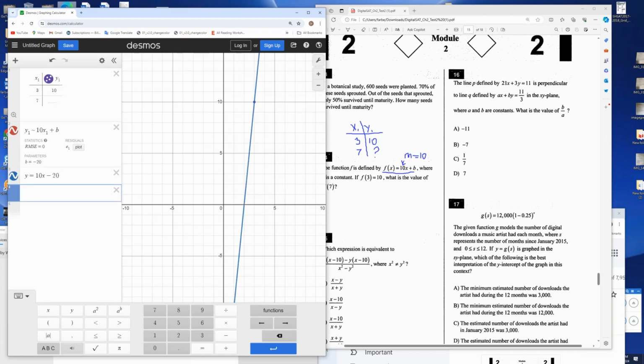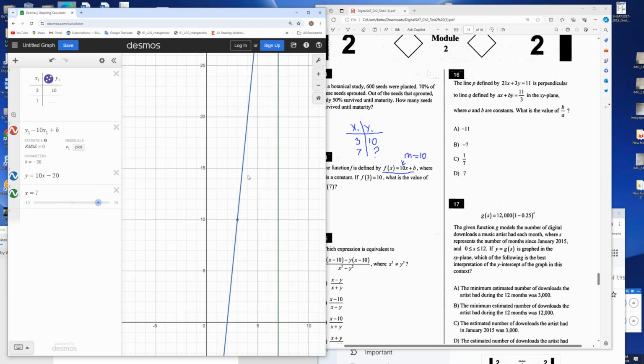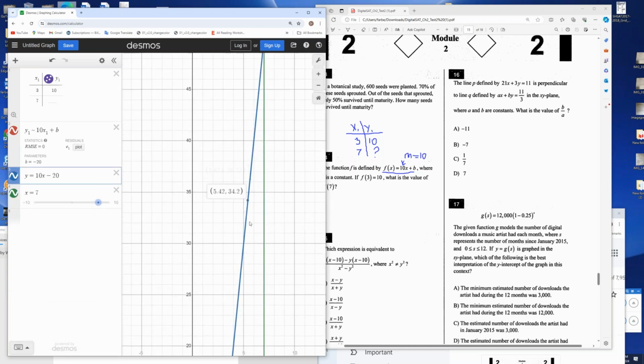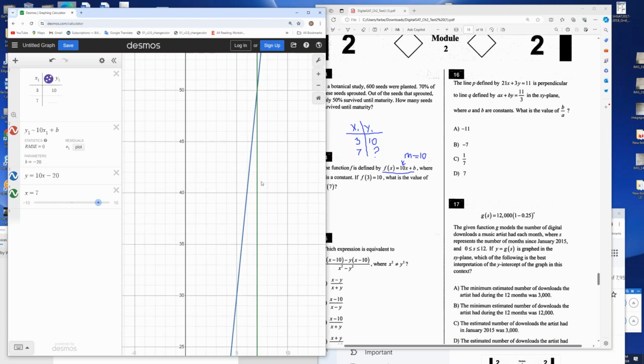This one, right? And when x equals 7, this x equals 7. Actually, you can look at this graph. I don't need this. 7. Here it is.